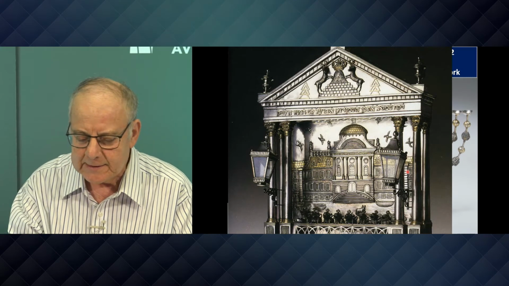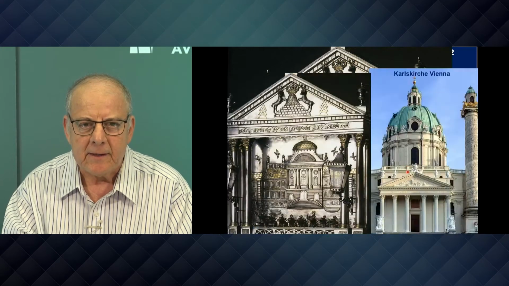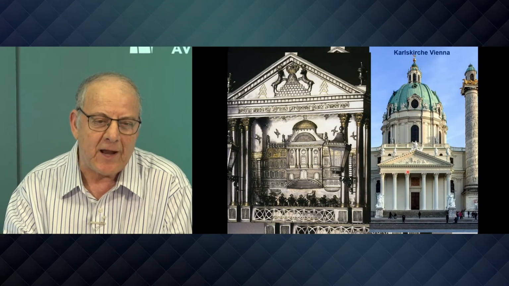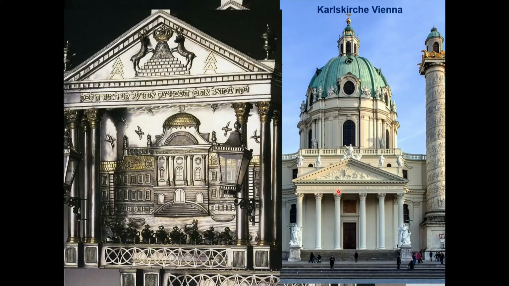So this example we see here is now neoclassical architecture, like we saw in the previous lecture, Gothic structures that influence the Hanukkah lamp, or Renaissance palazzi. Here is neoclassical design with this gable that we see here. We see the domed structure. You see the balustrade here, in the same place.